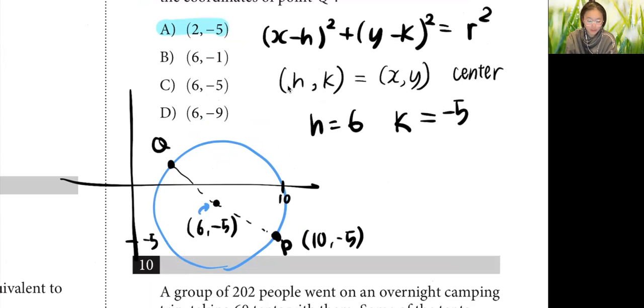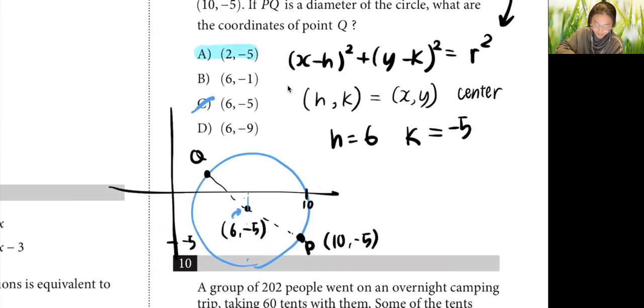From here, we already know that point Q is not going to be the center, because it says 6, -5, which is the center. It's not the diameter, right? So no. 6, -1 is going to be along here, 6, -9 somewhere here, and 2, -5.